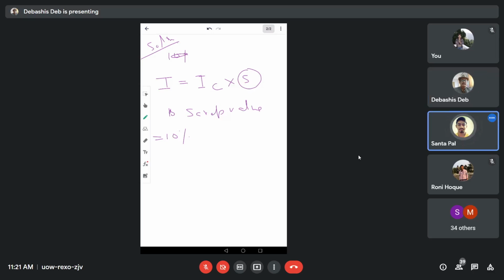Sir, 4 lakh building. 4 lakhs. 10% of 4 lakhs. So it is coming rupees how much? Sir, 40,000. 40,000.